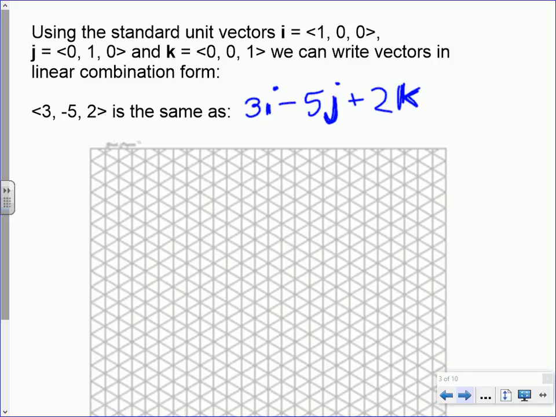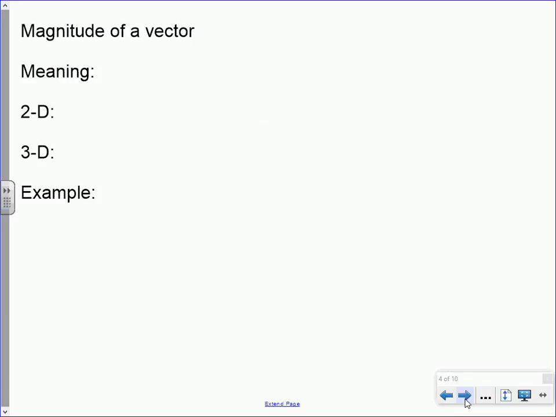When we introduced vectors, I showed a clip of the villain Vector. We talked about how the definition of a vector is something that has direction and magnitude. What is the meaning of magnitude?